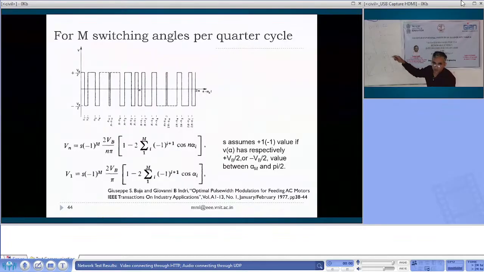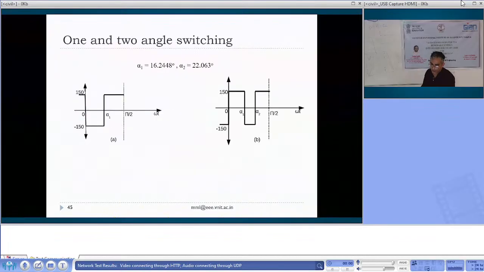Sir, he came here for the GAN course also. The first GAN course he only delivered here. So I think he has introduced this selective harmonic elimination. Very nice paper to read. So you have m number of switching, and you can eliminate m minus 1 harmonics, as well as control the fundamental.